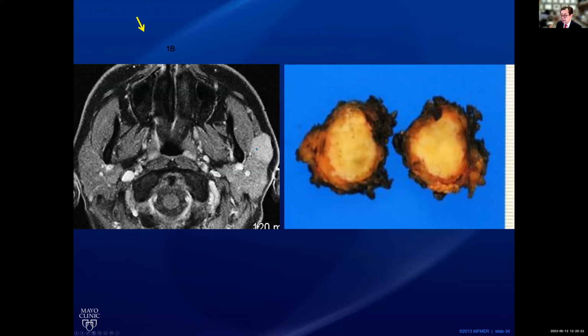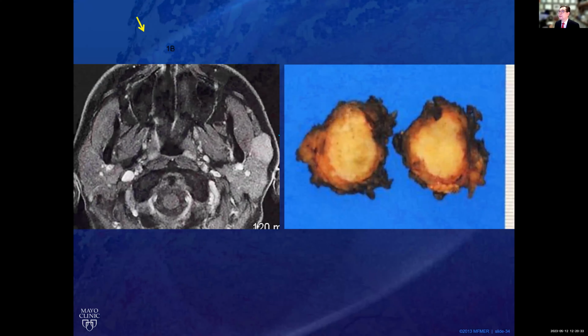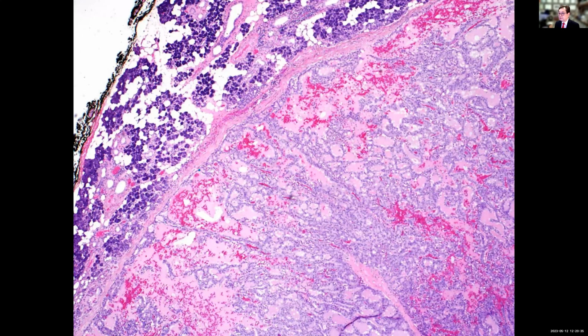Now, this is a lesion there. And here at low power, the macroscopic picture shows demarcation and maybe even encapsulation. And here, at low power, you see the very thin capsule. So this thin capsule really means it's either low grade or benign. We talked about that.